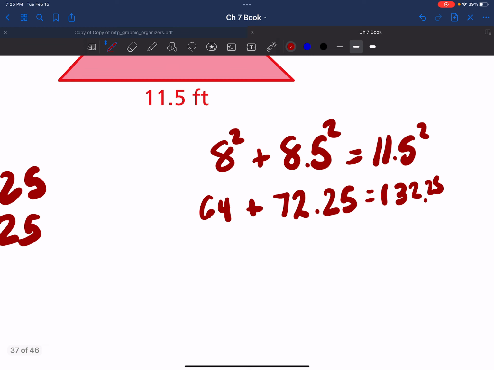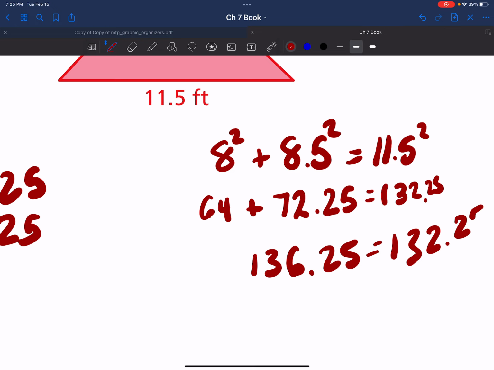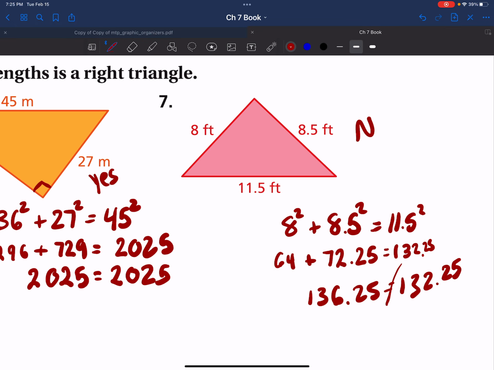All right, let's see if it works. 64 plus 72.25 equals 136.25. Darn it. So close. So I would say this is a no. Not a right triangle. Close, close, close, though.